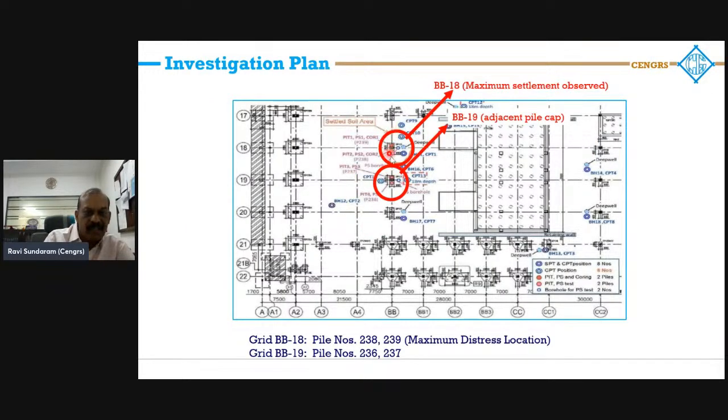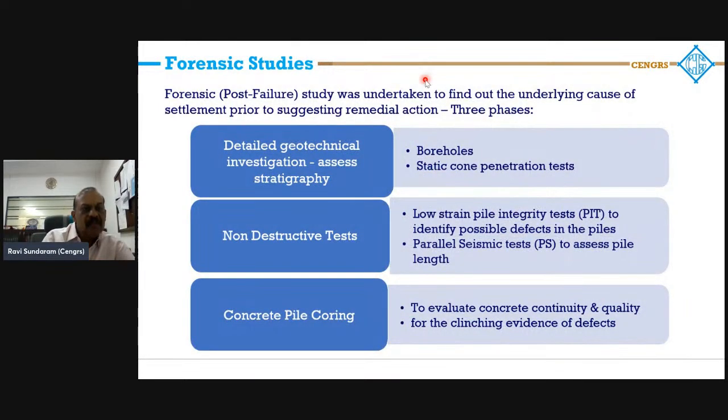So this was the location where maximum distress was observed, and the next one, adjacent pile cap, also showed distress. So these were the piles which were involved in this. So a forensic study was taken to find out what the problem is.